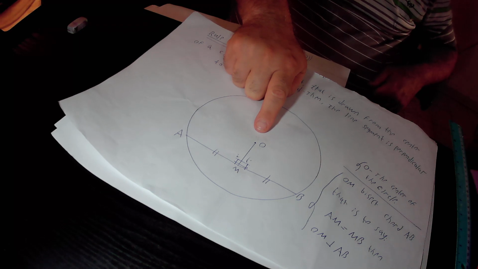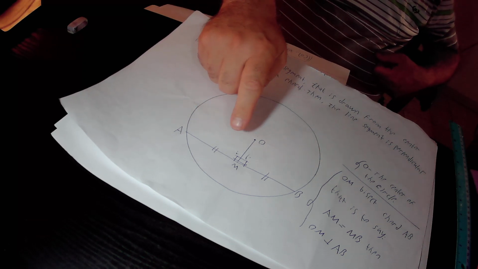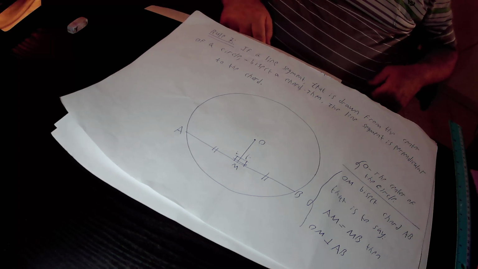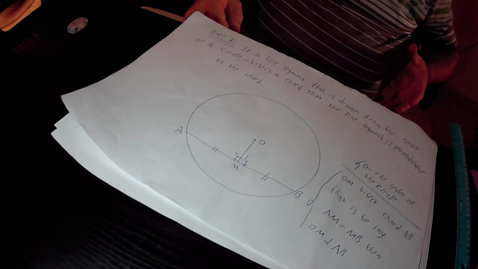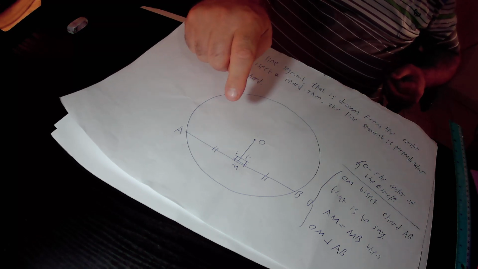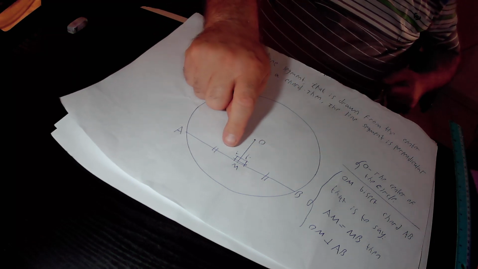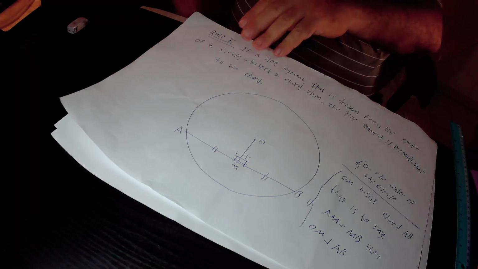From this point O, we have line segment OM that bisects chord AB. That is to say, MA equals to MB. And therefore, line segment OM will be also perpendicular to AB. If OM is perpendicular to AB, it means that this angle equals to 90 degrees and this angle also equals to 90 degrees according to this rule 7.